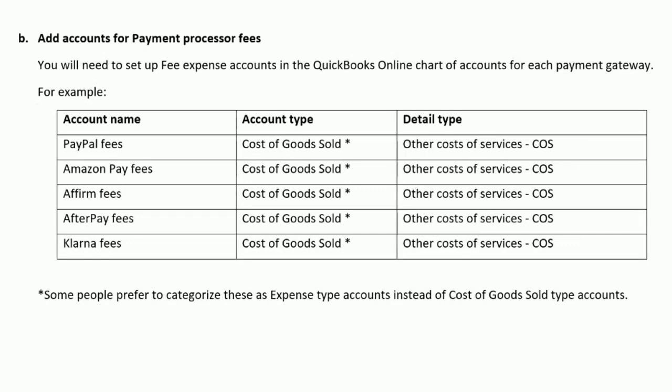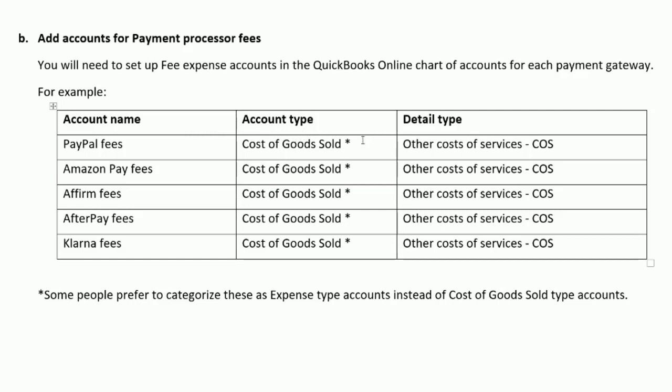Okay, so now we'll need to add the accounts for payment processor fees. So for all of your payment processors, you will likely have fees. So you need to add those accounts as listed here. So PayPal fees, Amazon Pay fees, Affirm, Afterpay, Klarna fees. So add all of the different accounts to record all of the fees for all of your payment processors.